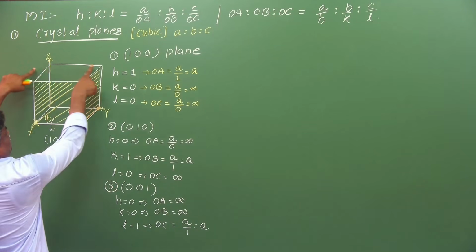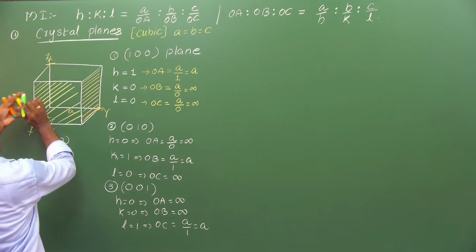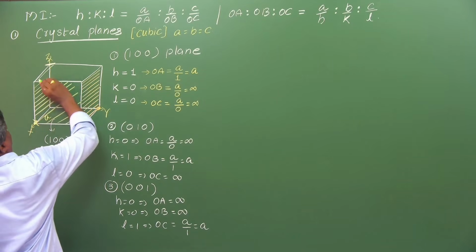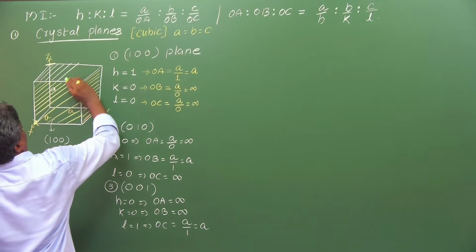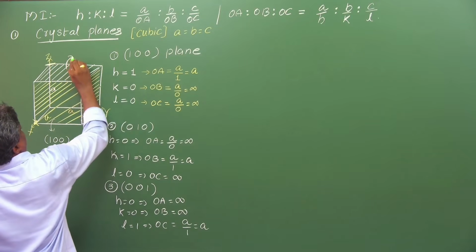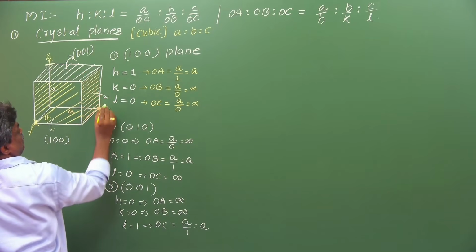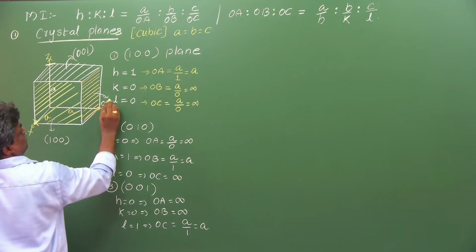Which plane? This top one. Are you observing? At what distance? A. That's it. This is 0 0 1 plane and this is 0 1 0 plane.